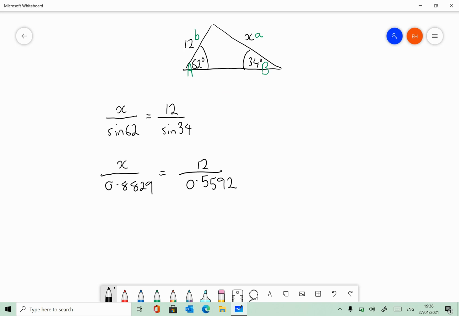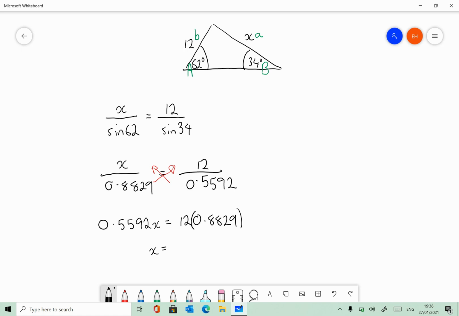Now, that's quite interesting because we're no longer in a trigonometry question, it's now a straightforward algebra question, and we have one fraction equaling one fraction, so I'm allowed to cross multiply. So on this side I will have 0.5592x is equal to 12 times 0.8829.